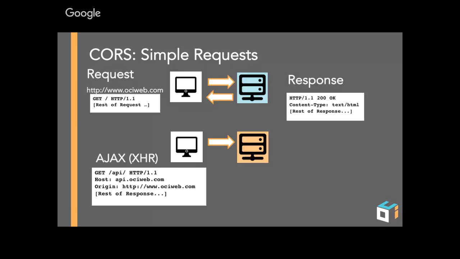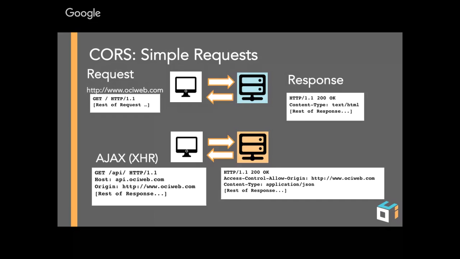So let's say, again, on this page, you have this request taking place. You have your Ajax request now occurring. And again, I've stripped out everything except what matters here, which is you've got the host, the origin that's being written by the browser as part of the request to the remote server. What comes back? Well, the Access-Control-Allow-Origin, this is part of the header.